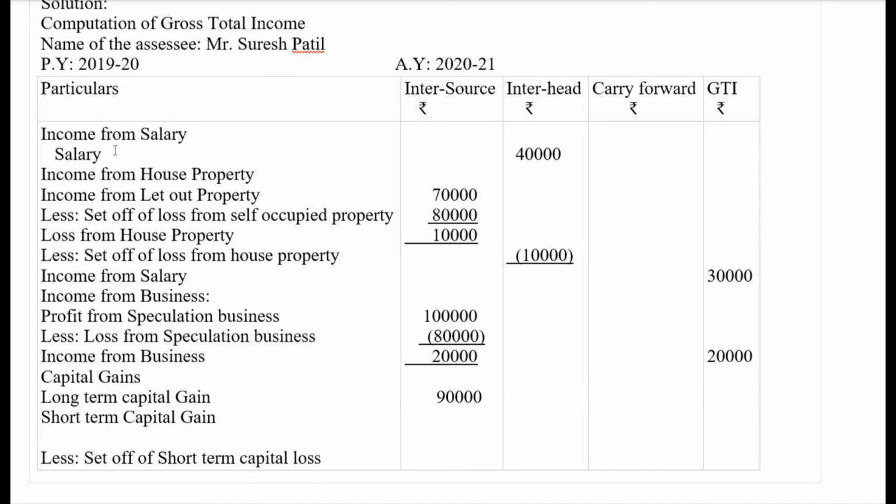Then we have a short-term capital gain of rupees 1 lakh. Let us take the sum of this. Let me underline here. The sum of this will be 1,90,000.